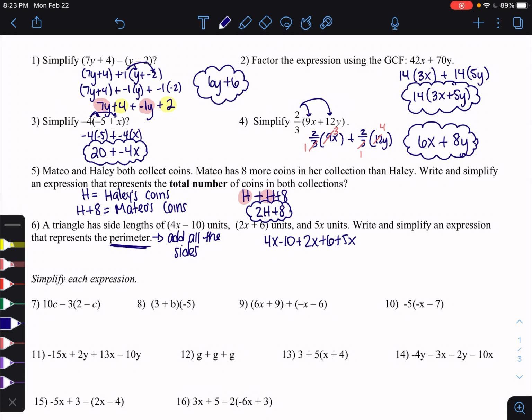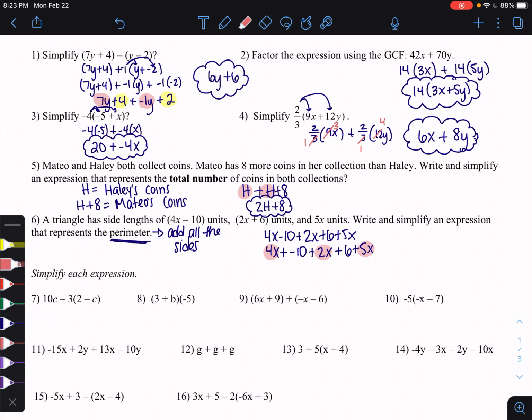I'm going to rewrite that subtraction as addition, so 4x plus negative 10 plus 2x plus 6 plus 5x. And now I'm going to combine my like terms. So 4x, 2x, and 5x. 4 plus 2 is 6, plus 5 more is 11. And then negative 10 plus 6. Negative 10 plus 6 is positive 4.